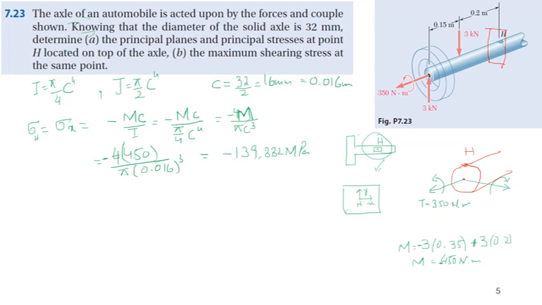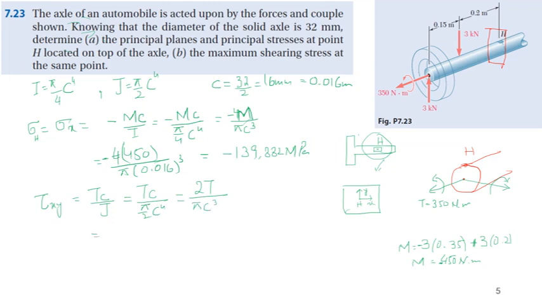Okay, now the shearing stress tau xy will be equal to Tc by J, or we can write Tc divided by pi by 2 c to the fourth, or we can write 2 times T divided by pi c cubed.